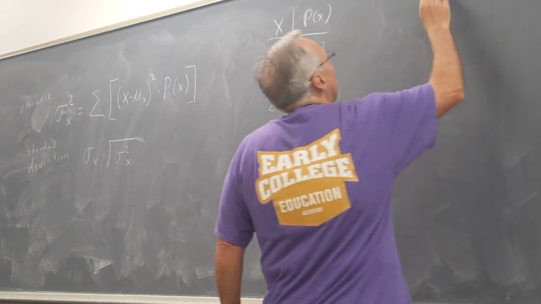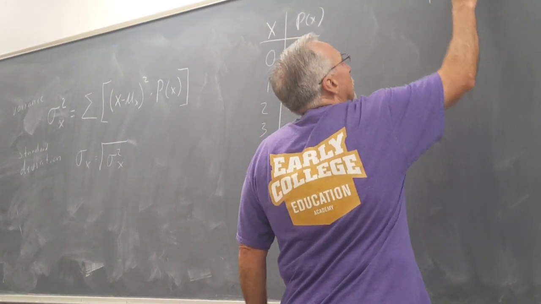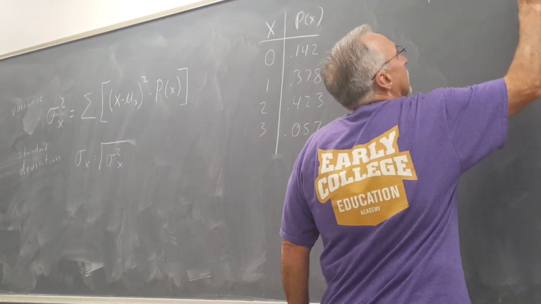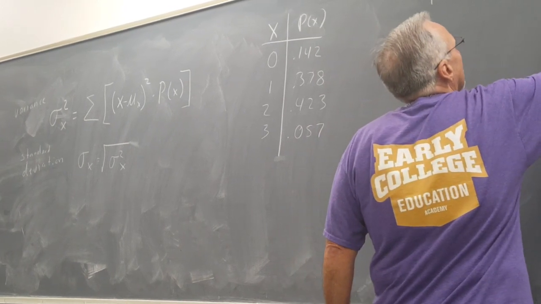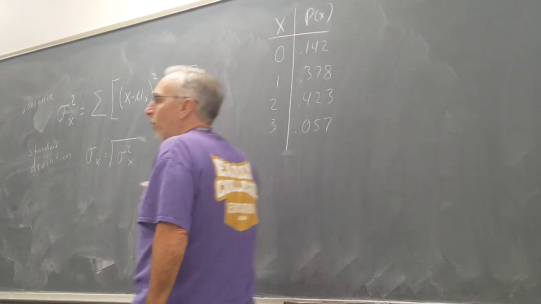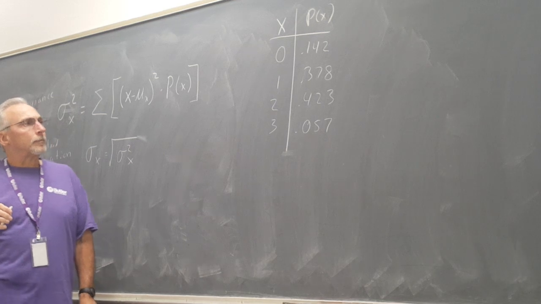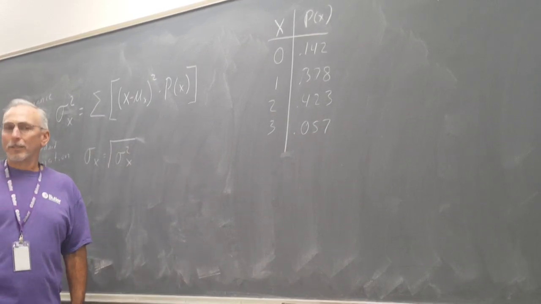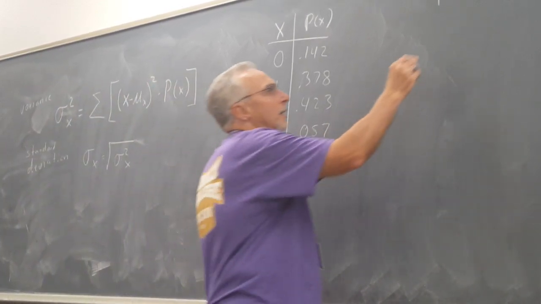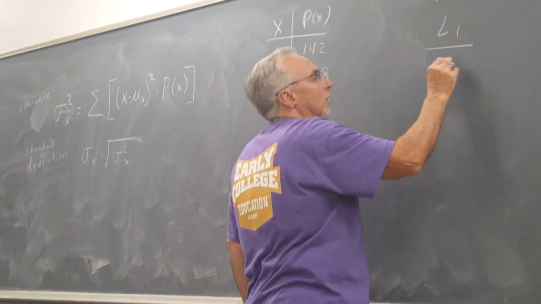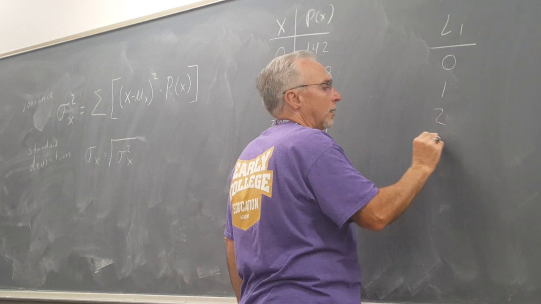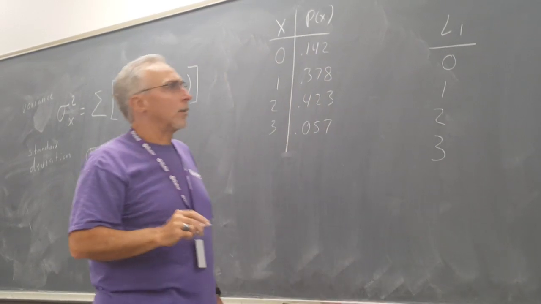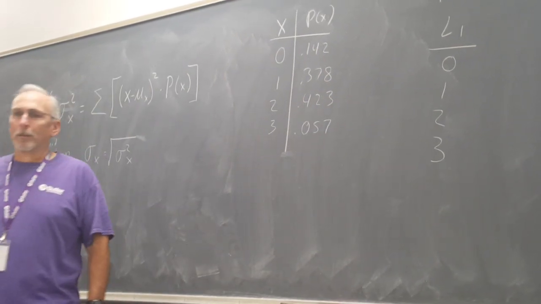To do that, you're going to use your one-var stats again, like you've done before. And you remember the way you do this is you create a list. So in L1, you're going to put your random variables, whatever those are.